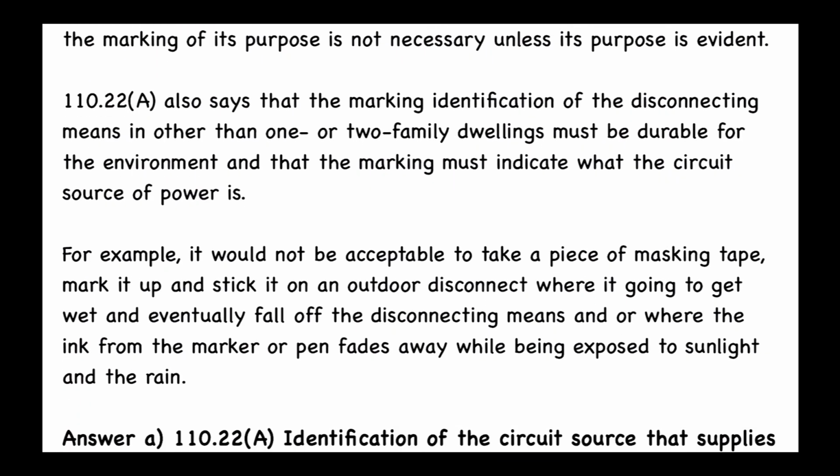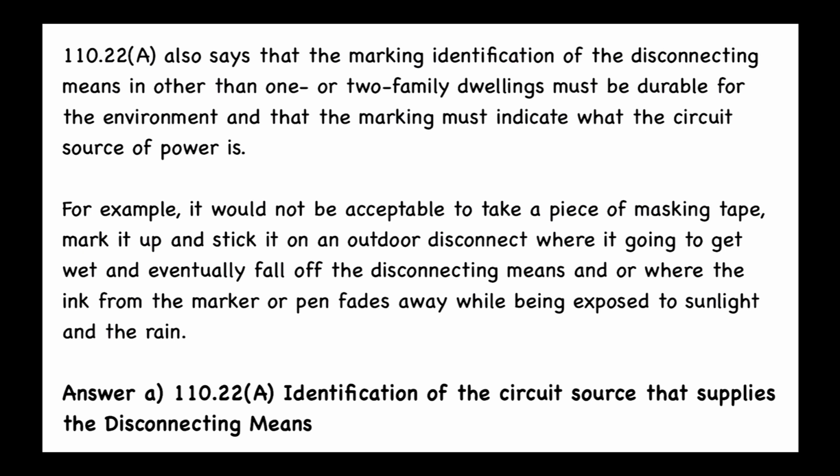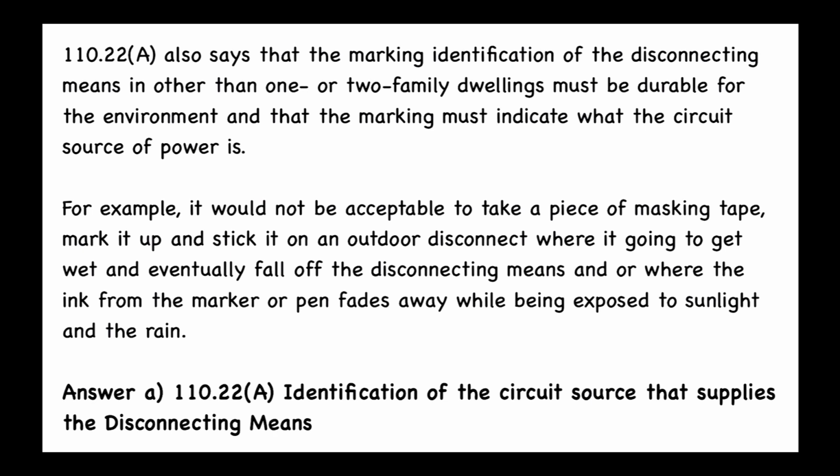110.22(A) also says that the marking identification of the disconnecting means in other than one or two family dwellings must be durable for the environment, and that the marking must indicate what the circuit source of power is.